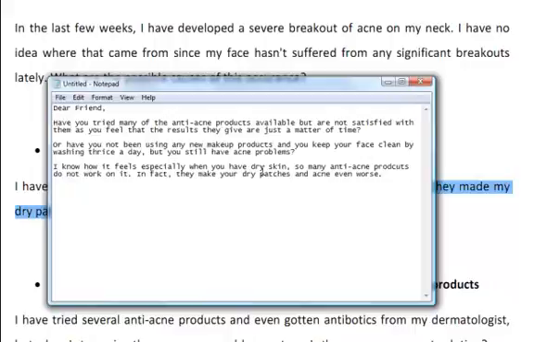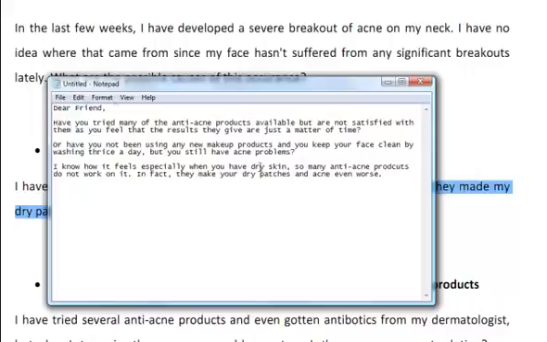Which is why this section, identifying the problems and frustrations of your target audience, is so powerful. And knowing this information not only helps in writing your sales copy, it also helps you in coming up with product ideas as well.